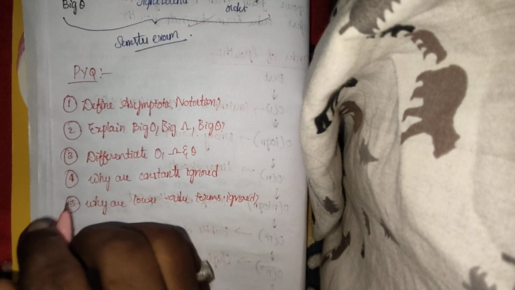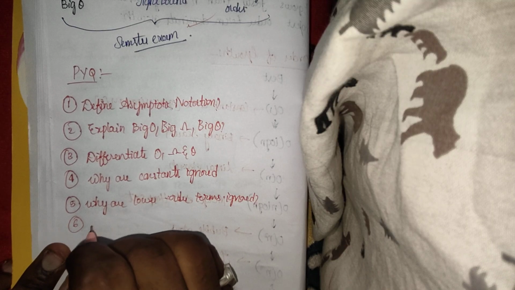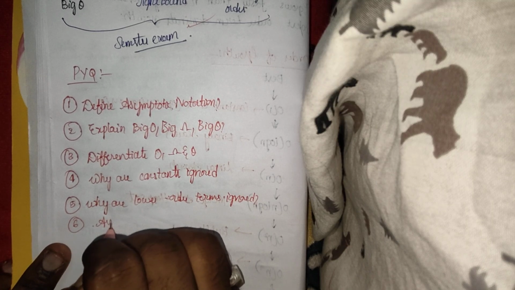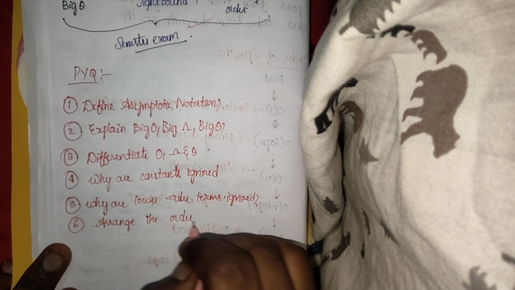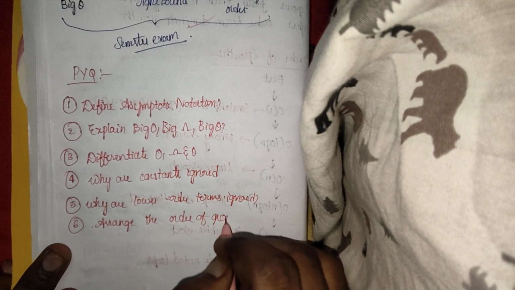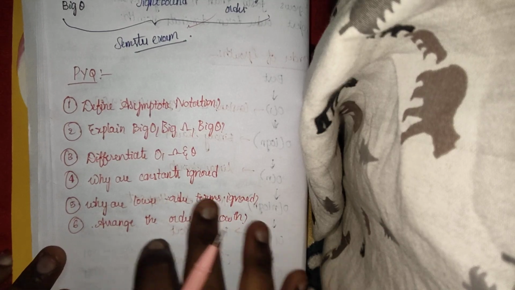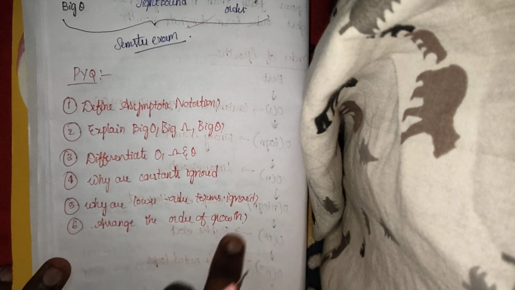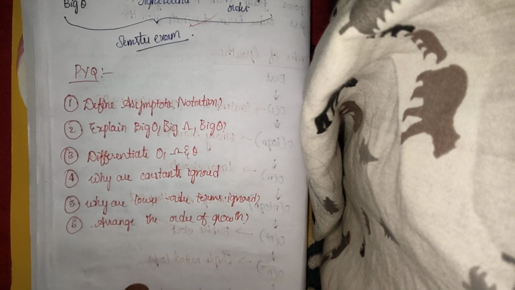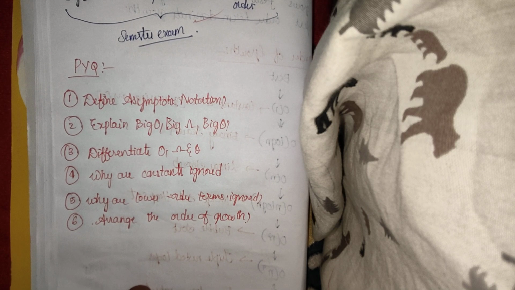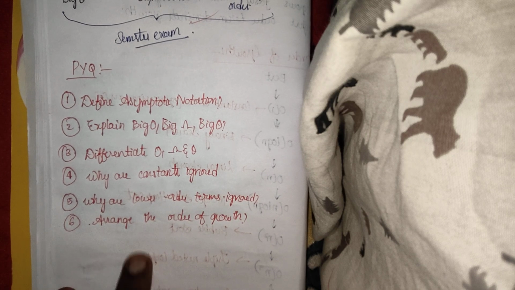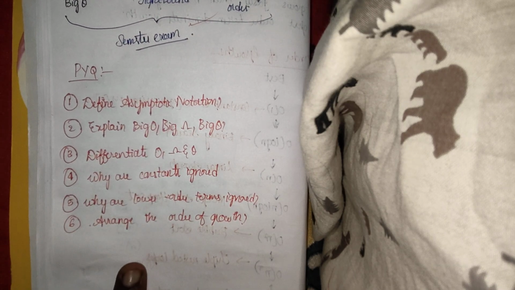Okay, next, arrange the order of growth. These are some of the most important previous year questions, and they are also going to be repeated in the examination cycles. If you understand today's lecture, you can confidently answer all these questions. These are very important.